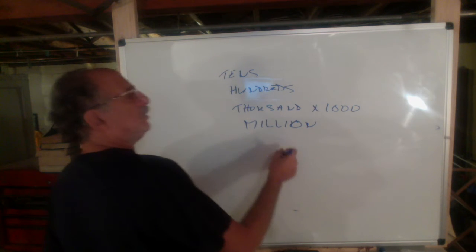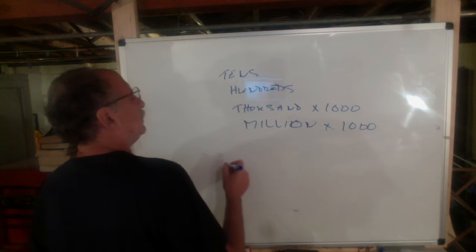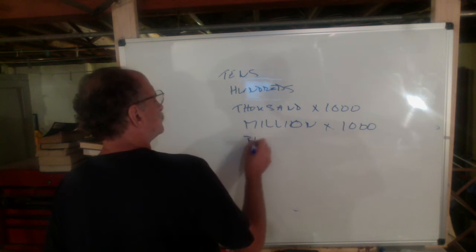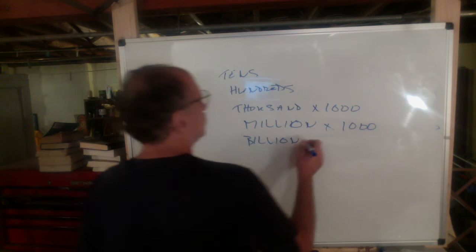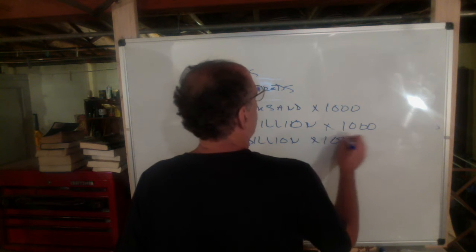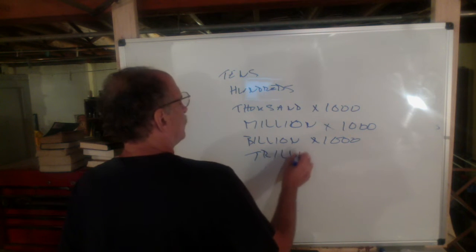You take 1,000,000, you multiply that by 1,000, you get 1,000,000,000. You take 1,000,000,000, you multiply that by 1,000, you get 1,000,000,000,000.